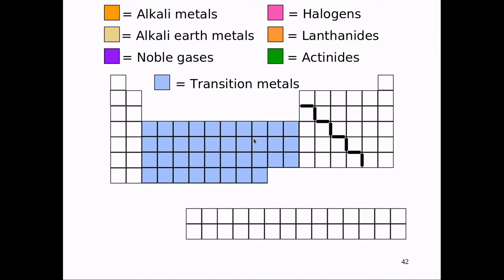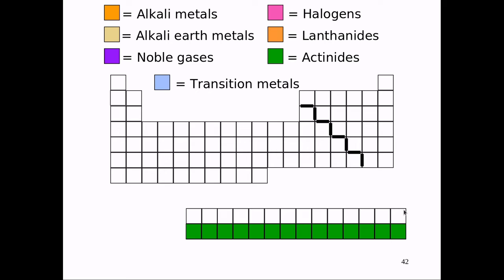We have our transition metals. We have our noble gases over here. There are the halogens. And then the lanthanide series here. And then this is the actinide series.